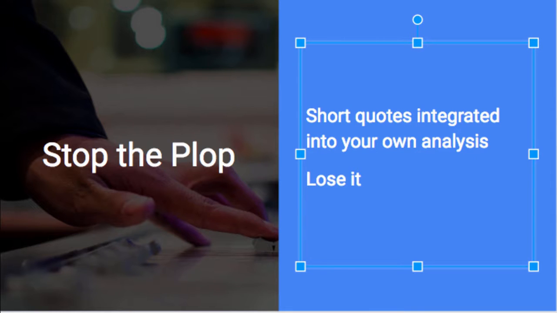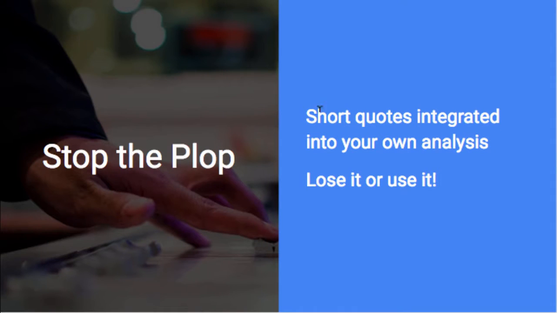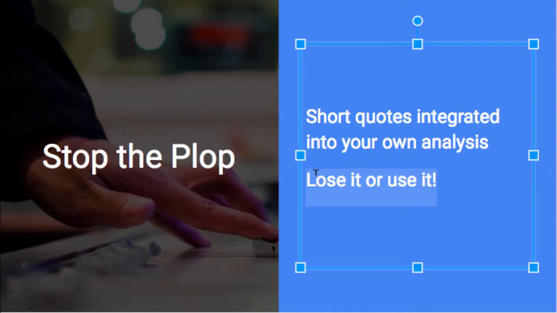You've put this long quote in order to really highlight 1 or 2 words that you're going to talk about. So when I talk about stopping the plop, I'm saying it's better to have short quotes integrated into your own analysis than long quotes that are distracting and confusing for the reader. And toward that end, my motto is lose it or use it.